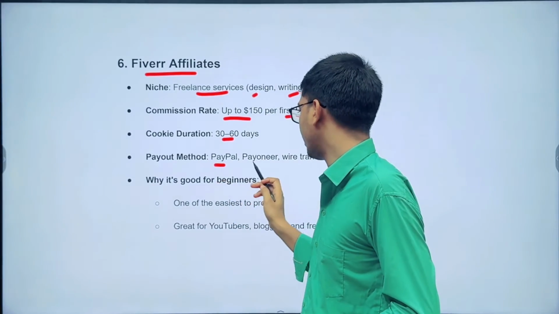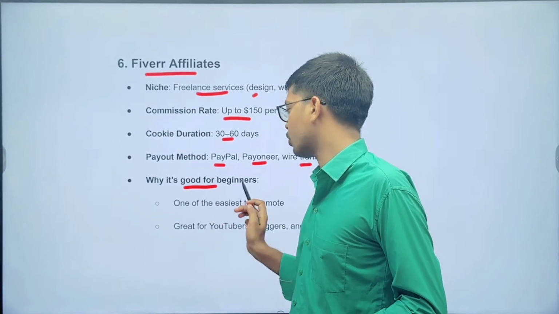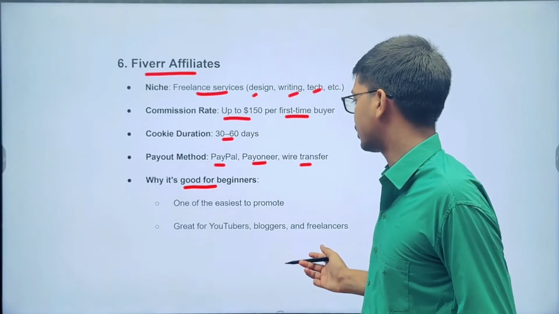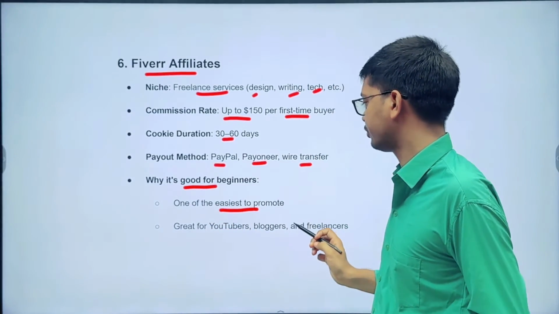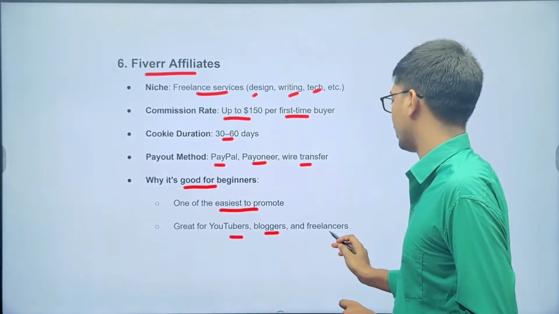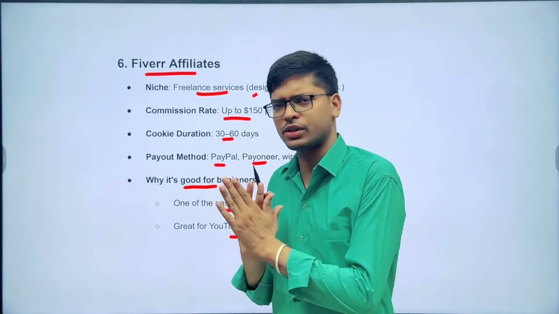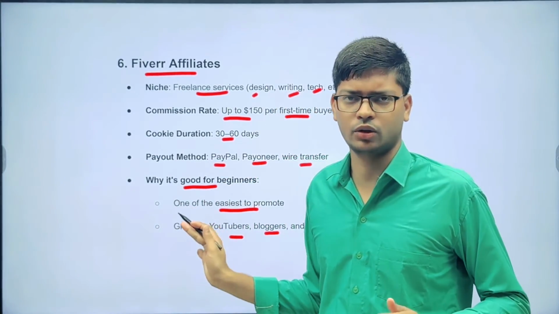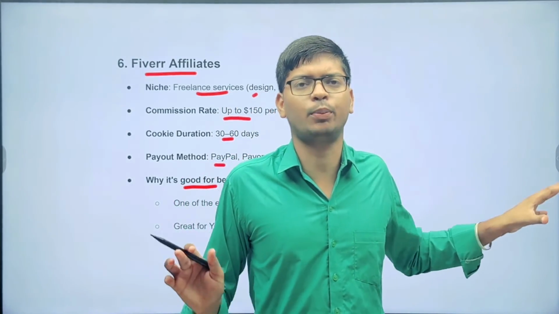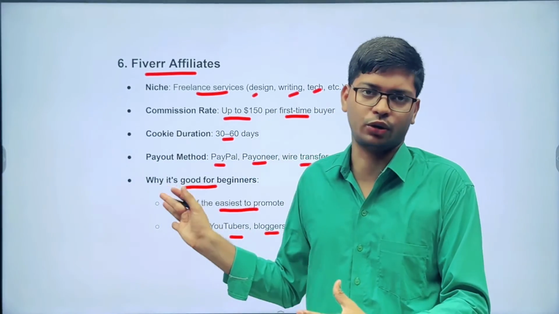Payout methods are PayPal, Payoneer, wire transfer. It's good for beginners: it's one of the easiest to promote and great for YouTubers, bloggers and freelancers. This is a services platform, not products. If you want to start promoting services, you should join this platform.